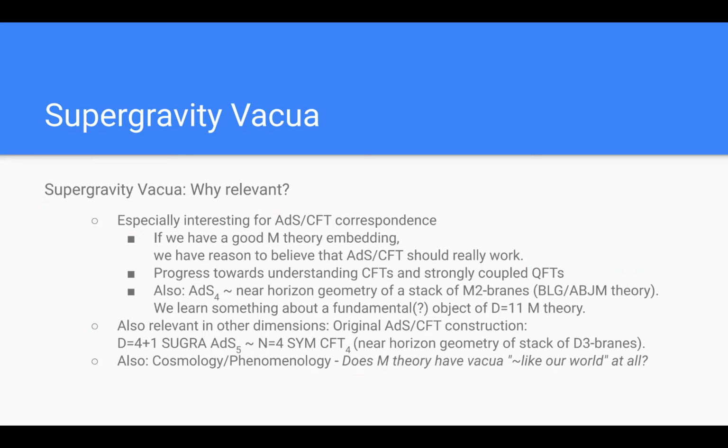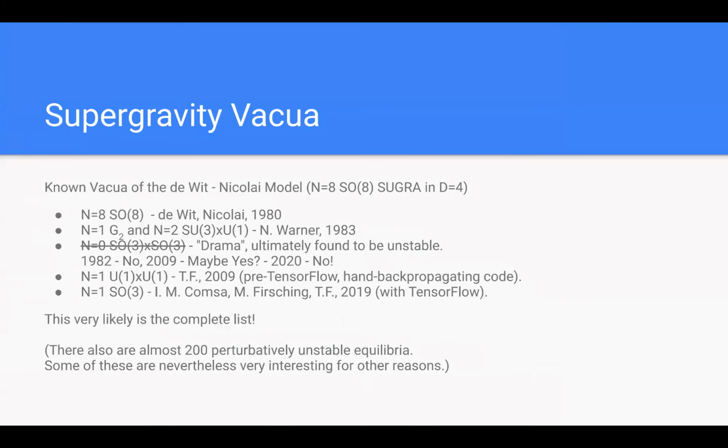And here, the object that's relevant is the D3 branes. We are looking at the near horizon geometry of a stack of D3 branes. And of course, there's this cosmology question in the background, the phenomenological question whether M theory does have vacua at all that look somewhat like our world, and how one might obtain these.